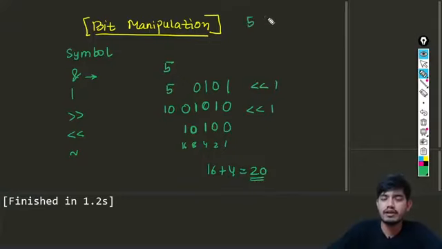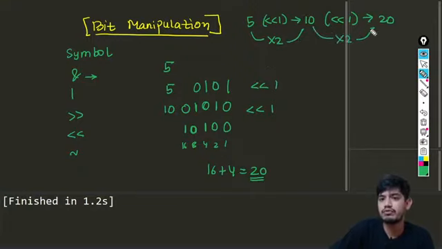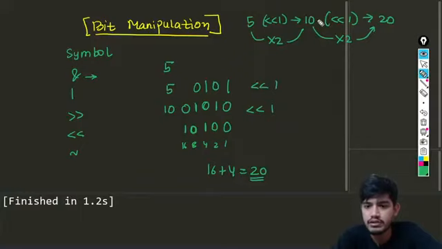Then if we did one left shift operation, we got the value 10. Then we again did a left shift, and we got the value 20. So I hope you are seeing that whenever we do a left shift, we are multiplying the value by 2. Here also we multiplied the value by 2, so we get 20 here. I hope this is clear to all of you.